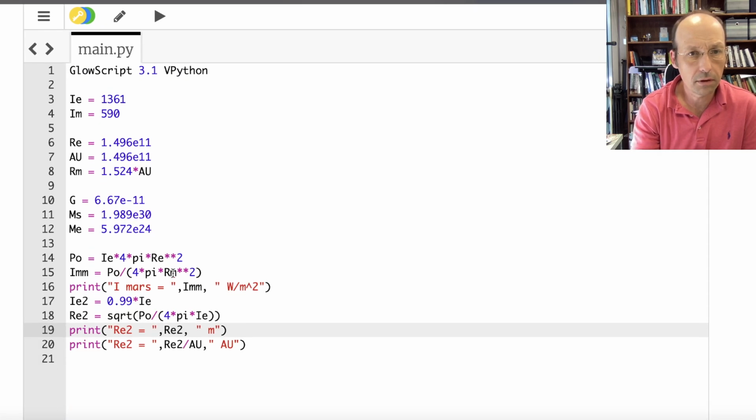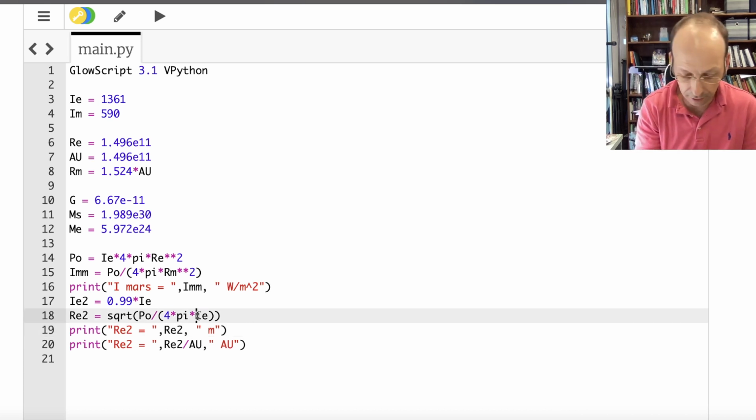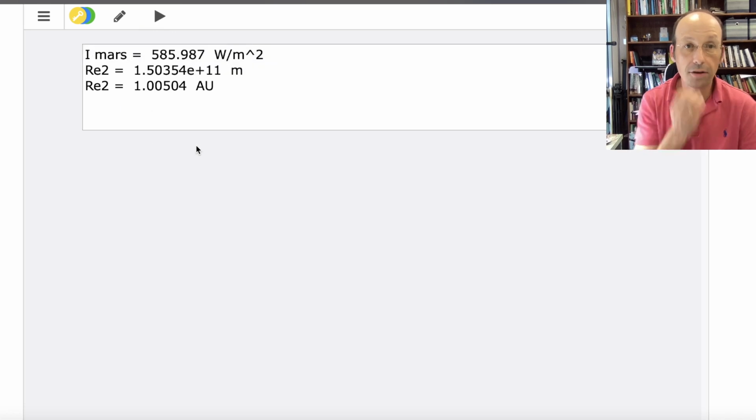What did I do wrong? Oh, I forgot the 0.99. 0.99 times. Okay. Whew. Okay, so we're talking about increasing this by 0.5%. A 0.5% increase in orbital distance.